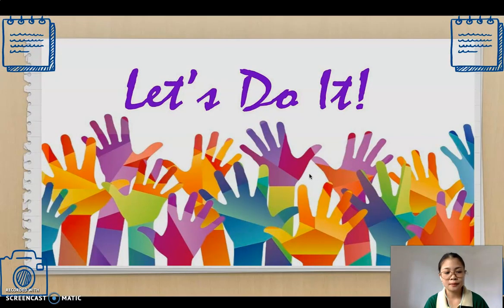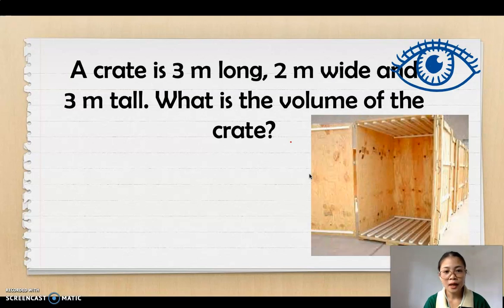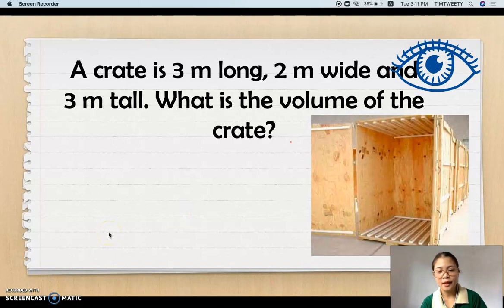Now, let's have more examples. A crate is 3 meters long, 2 meters wide, and 3 meters tall. What is the volume of the crate? A crate is a wooden case used for storing goods. Since the given has a length, width, and height, therefore, we are talking about the prism. So you can see in the picture, it looks like a prism.